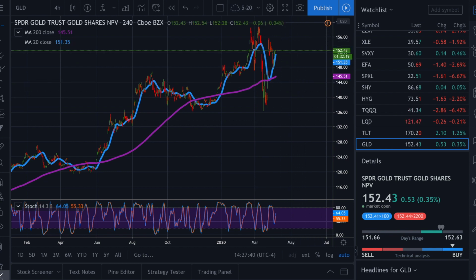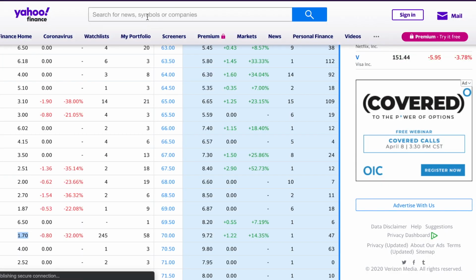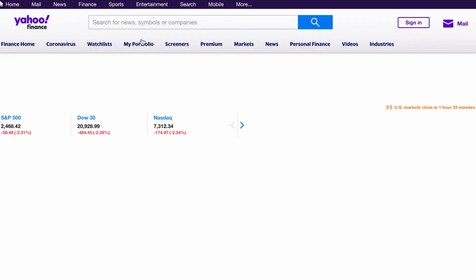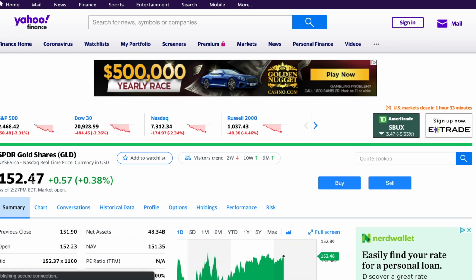Well, as you saw here, we could buy a put option. Let's go over to Yahoo Finance. We'll type in GLD. This is all just hypothetical, by the way. Gold is currently trading at 152. Let's pull up the options chain.